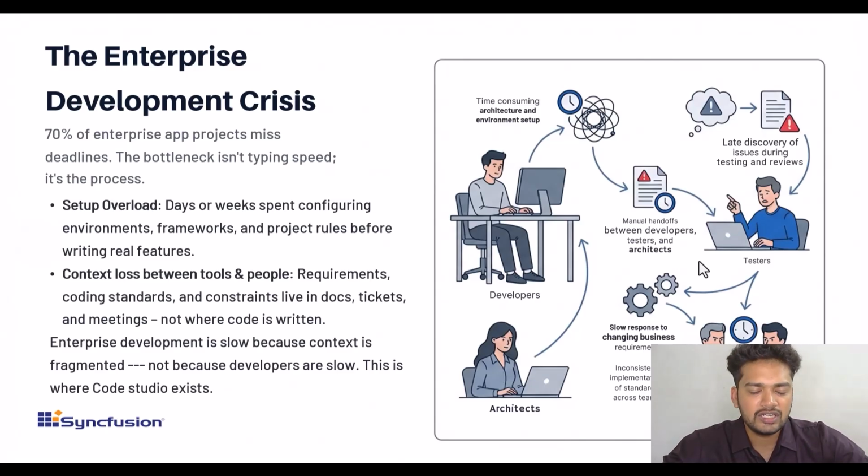None of this context is available where code is actually written. The next problem is late feedback. Problems surface during QA, security review, or integration, where fixes are slow and expensive. The core issue here is fragmented context, not slow developers. Code Studio exists to bring all that context into the AI workflow, right where development happens.